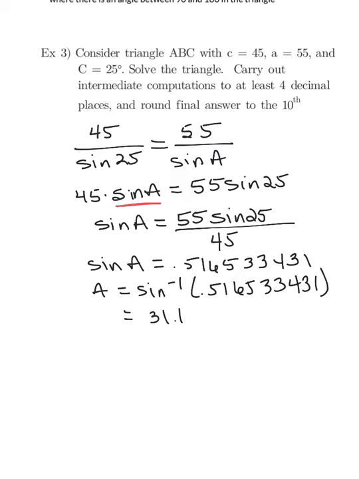So that is our first possibility. Because it's my first possibility, I call it A sub 1. This is the first triangle that we could have. What we're going to do later is see, do we also have a second triangle? So now we know angle A and angle C. What we don't know is angle B. And since this is for our first triangle, I'm going to call it B sub 1.